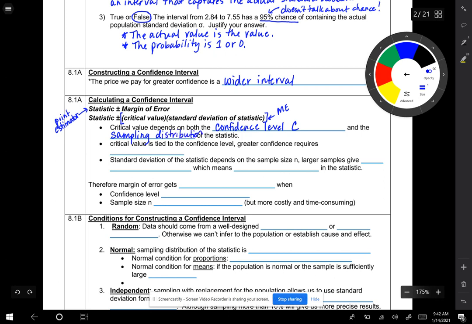And we will calculate a confidence interval next time. The critical value is tied to the confidence level. Greater confidence requires greater critical values, and that's a wider interval. The standard deviation of the statistic depends on the sample size n. Larger samples, remember, give more precise estimates.